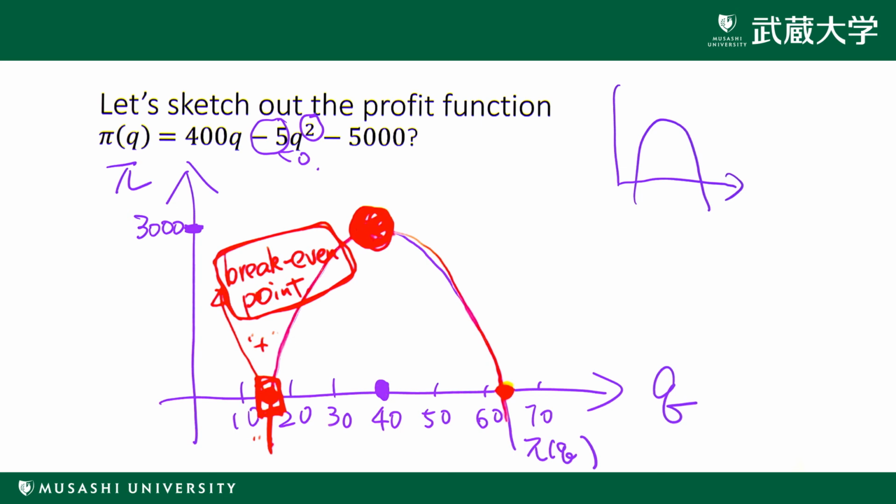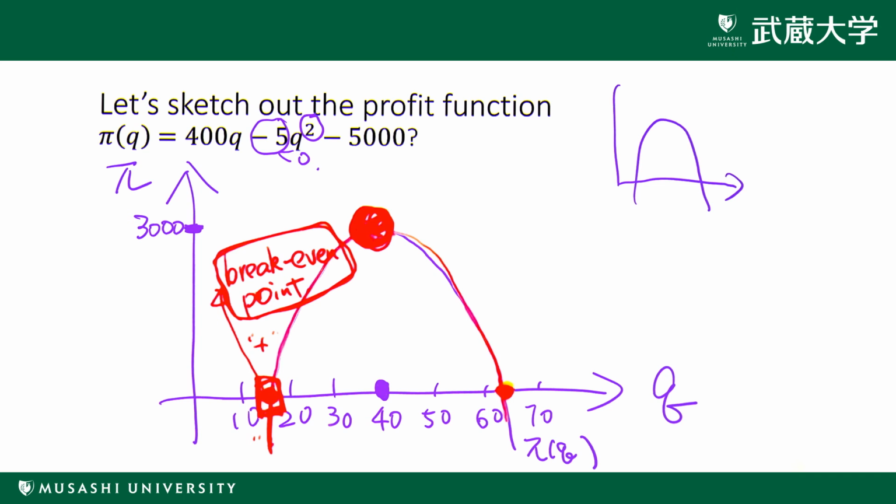This is the profit function. The highest point is where we maximize, and then it comes down, crossing the horizontal line at two points. One is this point, and one is this point, this red one and this red one.